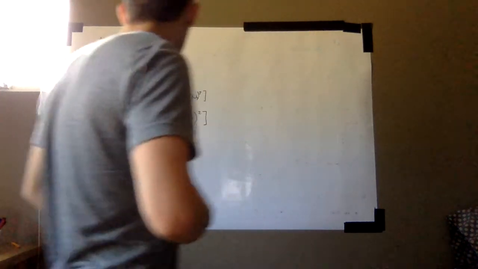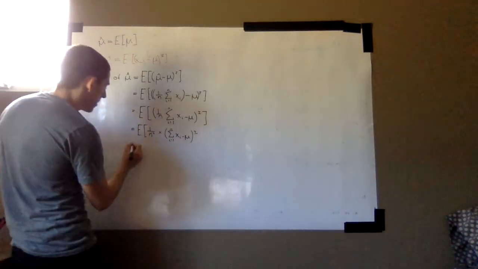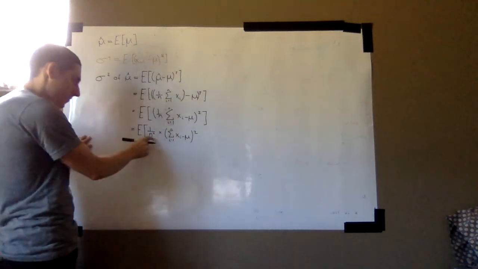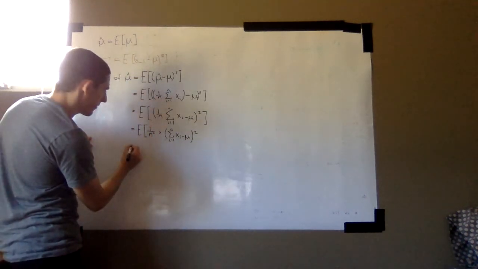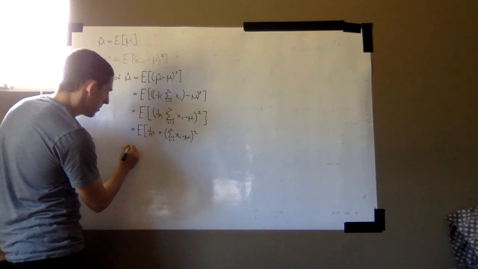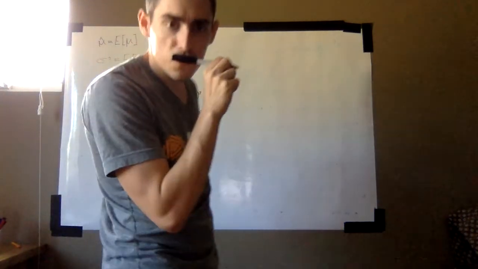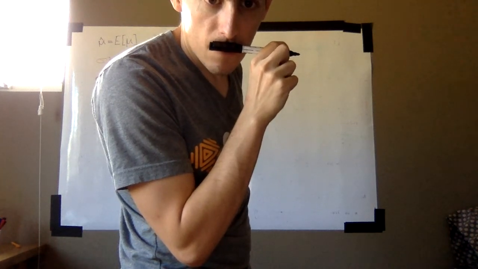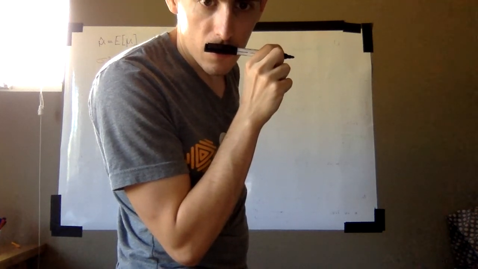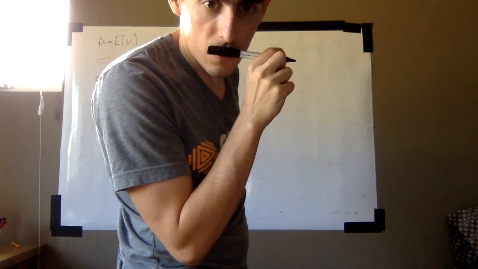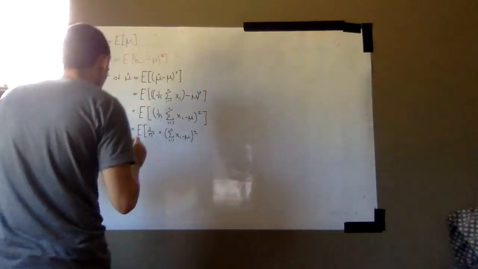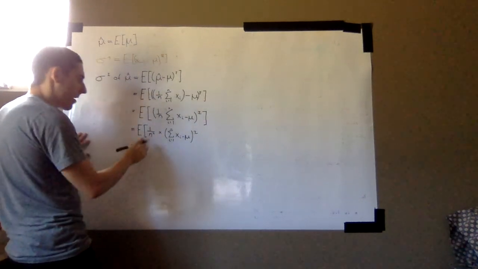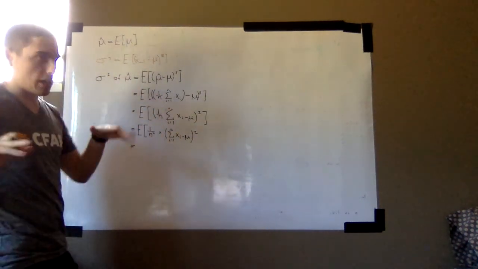In fact, because 1 over n is a constant, we can even pull it out of the expected value. Is that true? Yeah, an expected value is just an integral.